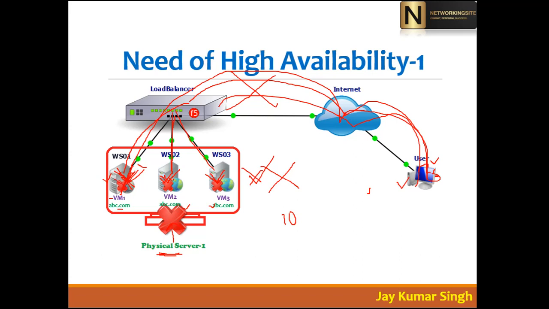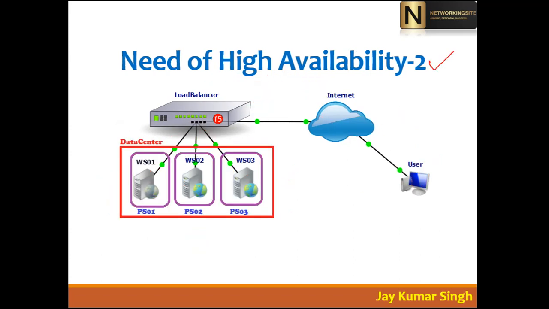Initially your network was correct, but when the physical server goes down, then you can say it is a problem. But at least for 1-2% of situations, this solution was also correct for providing redundancy and load balancing. Now when the physical server fails, you say no, that is not working.